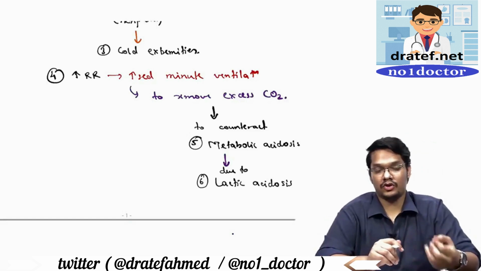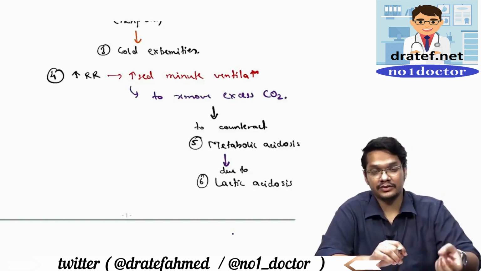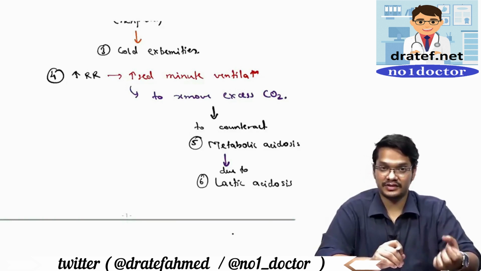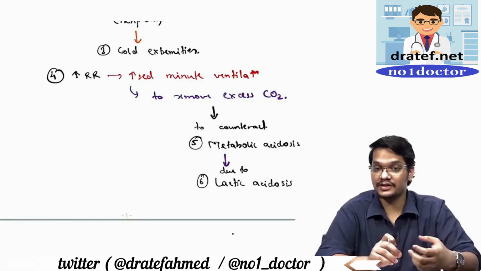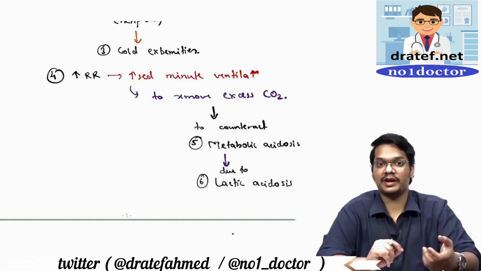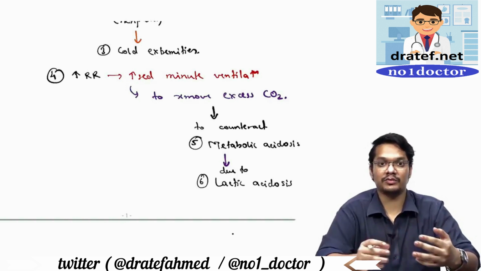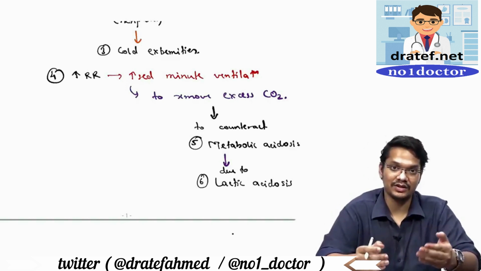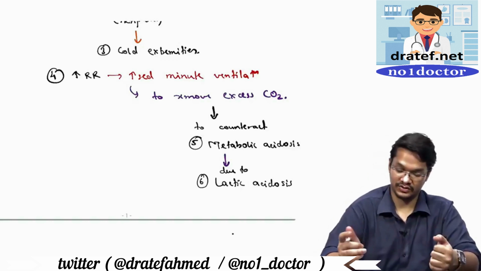Due to shock, the tissue perfusion decreases, so there is increased lactic acid production in the cells and increased lactate in the blood. Lactic acidosis leads to metabolic acidosis, and to counteract that metabolic acidosis, the respiratory rate increases so that more CO2 can be washed out from the body as a compensation, so that the pH of the patient can be kept in the normal range.